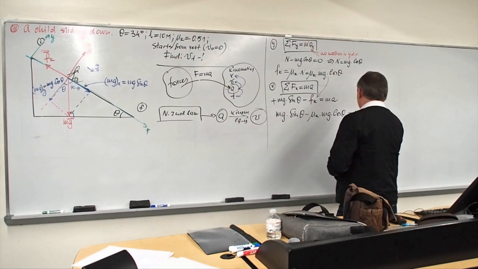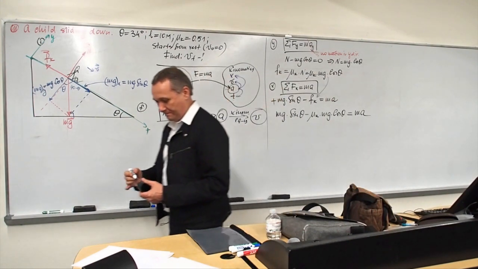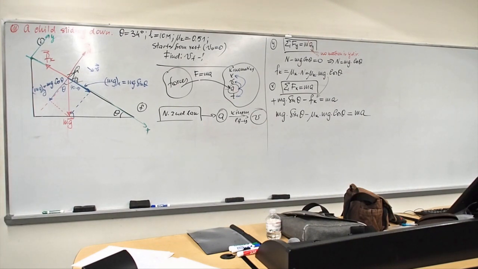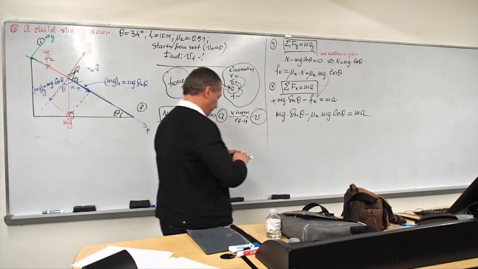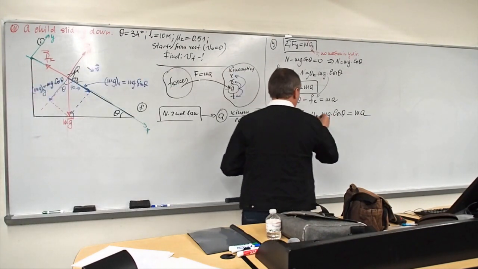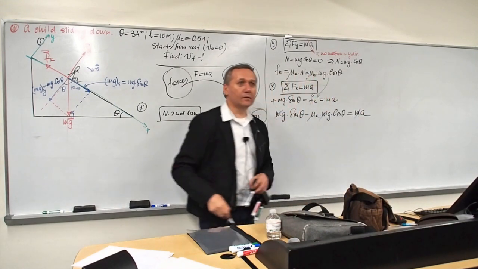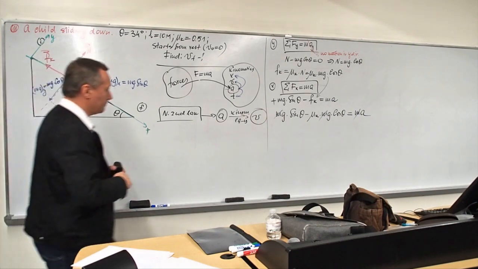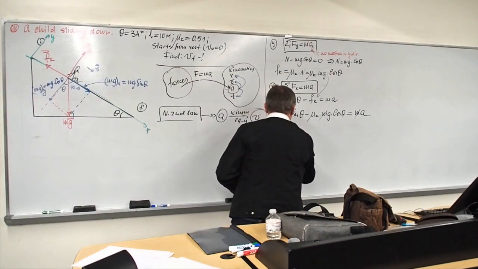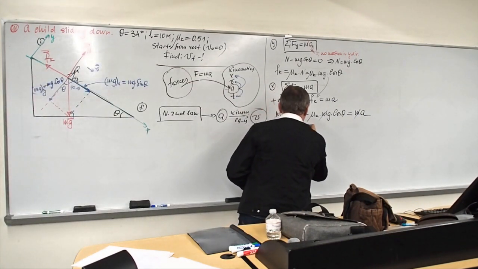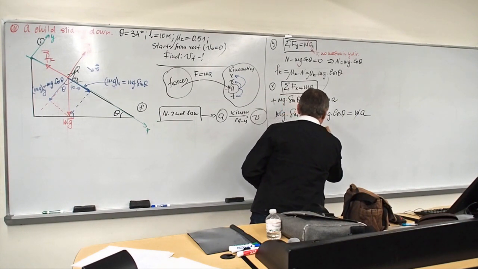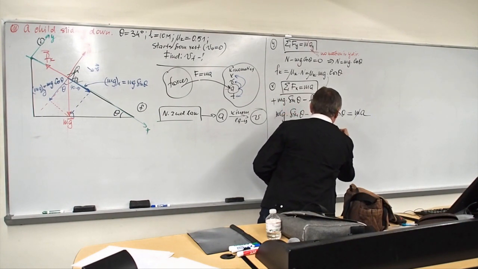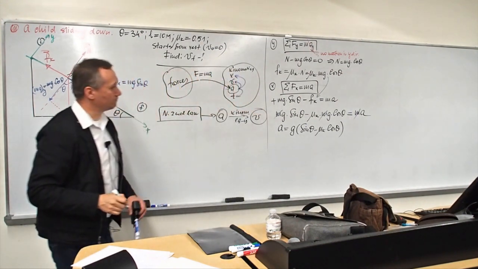All right, so ma. Now, mass distraction, all the masses will be canceled. And we're getting acceleration. So as a result, acceleration equals, and I will factor out g, sine theta minus mu k cosine theta.